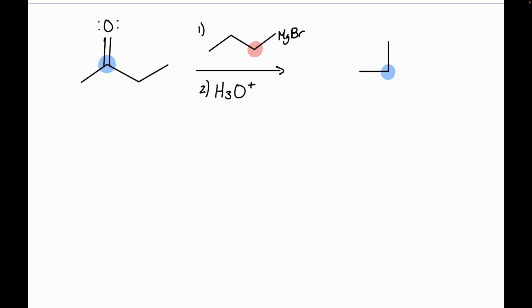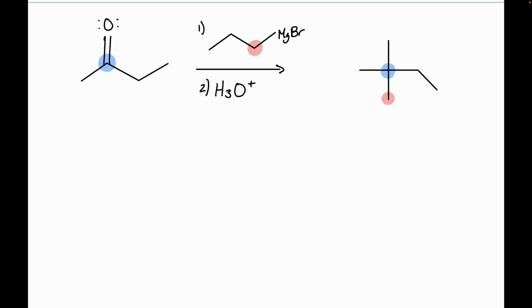It's got a methyl group on one side, 2 carbons on the other side, and now I have my new carbon bond to that red carbon. So we prepare an alcohol with a new carbon-carbon bond using our Grignard.